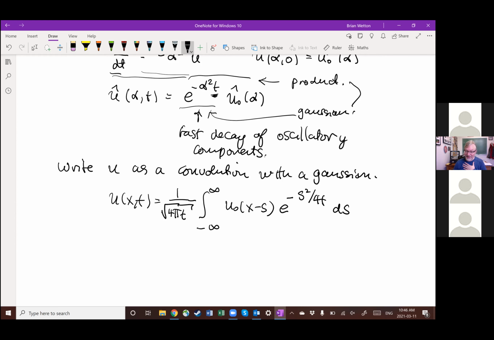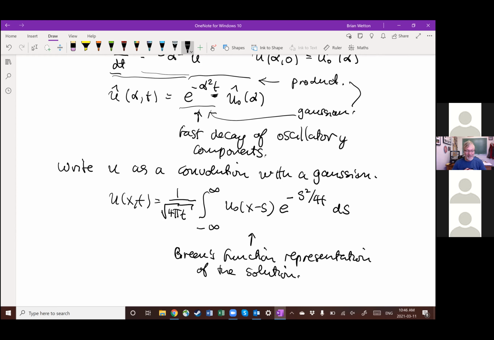Okay, now this is something which now you know what I'm going to say, right? This is a Green's function representation of the solution. Right? Why?